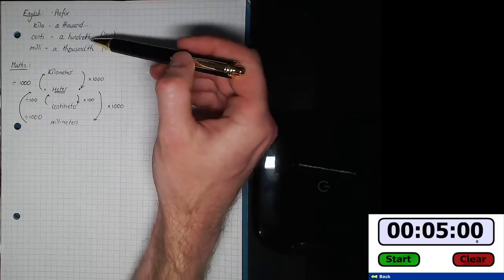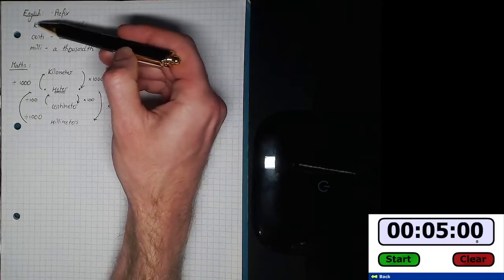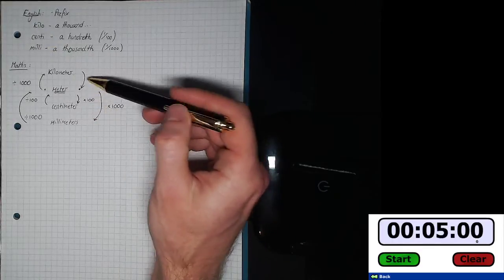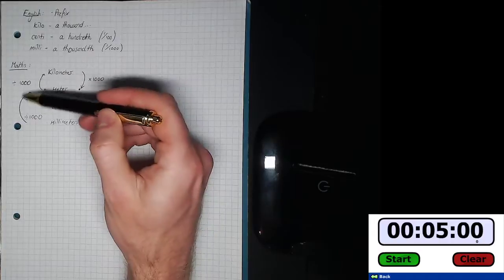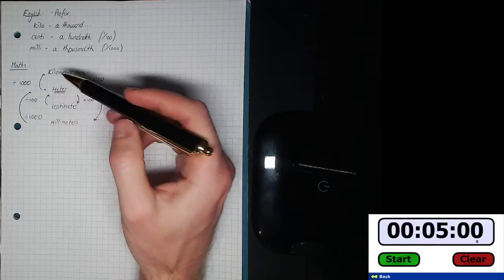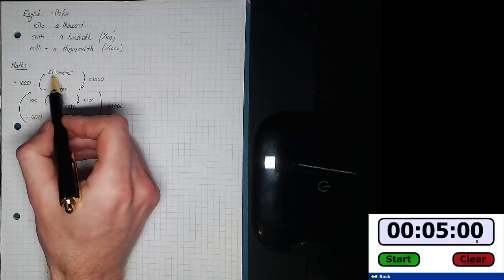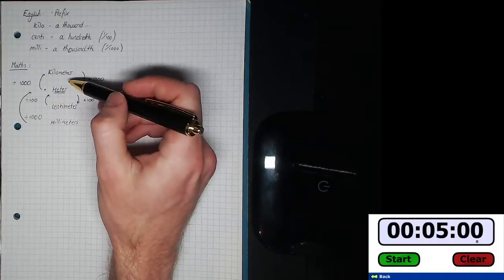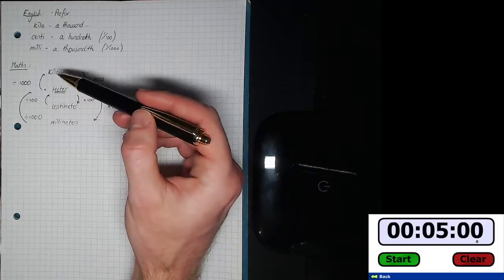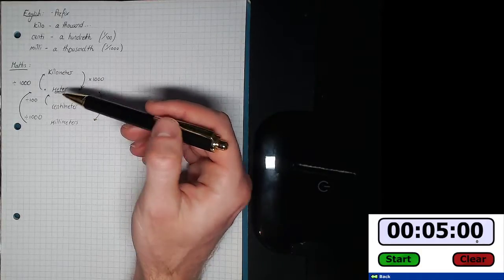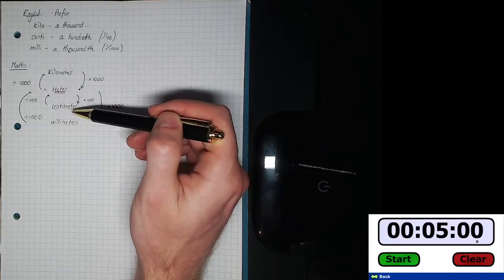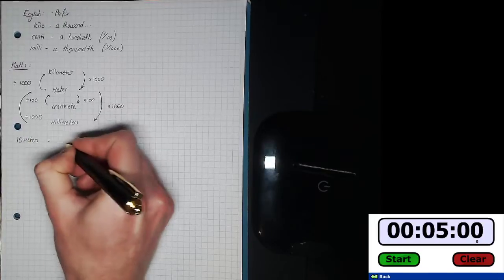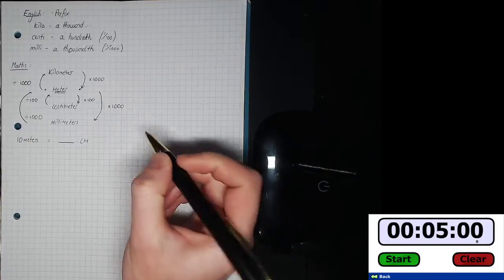So hopefully now we can start to see how these prefixes, these key parts of the word, tell us how the conversion works. And it always depends on what your prefix is. So for example, if I had 10 meters and I wanted it in centimeters, so 10 meters equals how many centimeters?